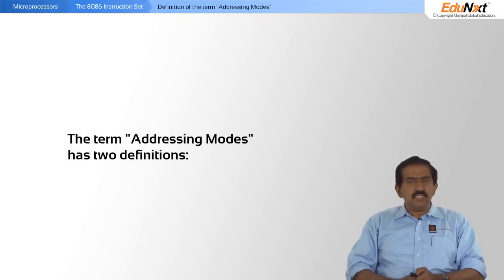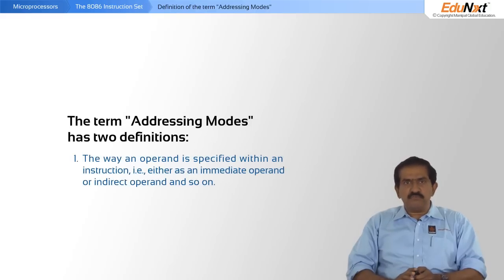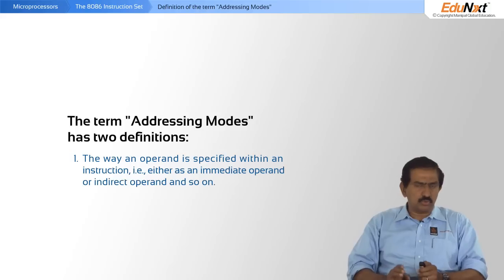There are basically two definitions of something called the addressing mode, and the addressing mode is something that's important to understand when you talk about instruction sets. The first definition really is the way an operand is specified within the instruction. So there can be immediate operands, there can be indirect operands, so on and so forth. That is one definition of the addressing mode.